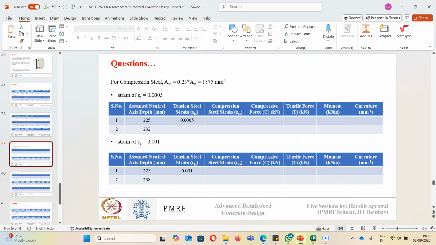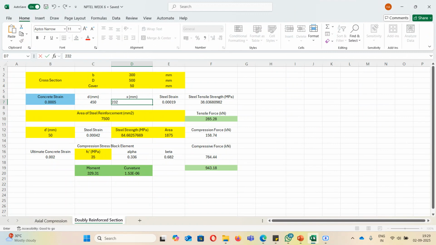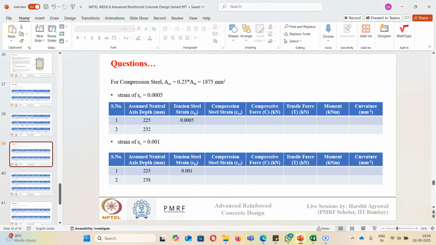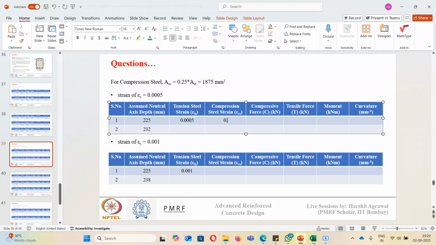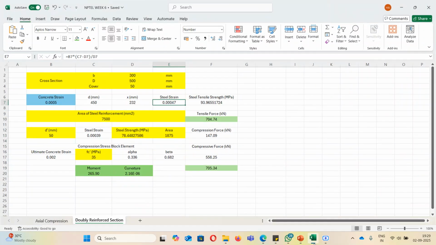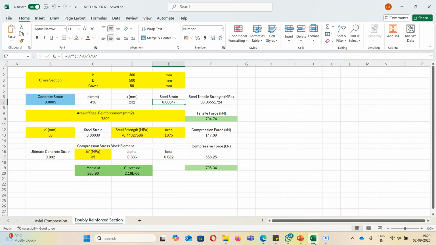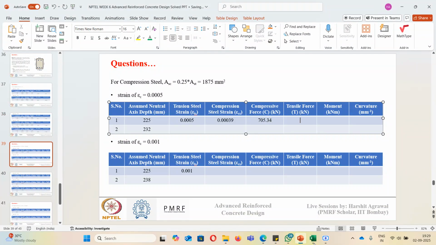When you set the neutral axis depth at 3232, you will see the compression force is 705, the strain in compression steel is 0.00039. Okay, the net compression force is 705.34, and the net tension force is 704.74.